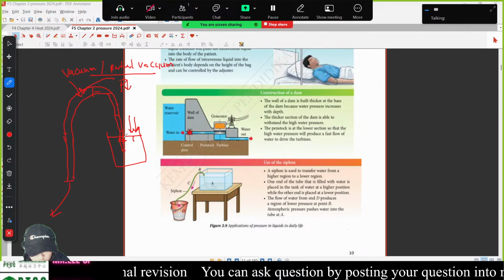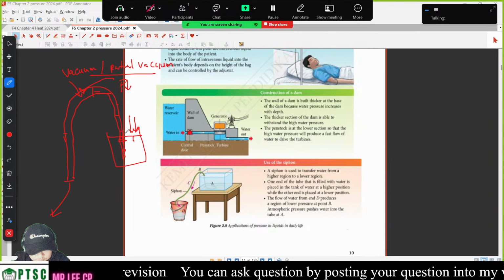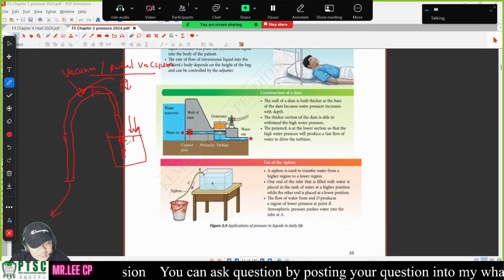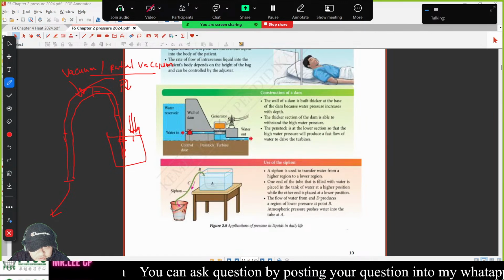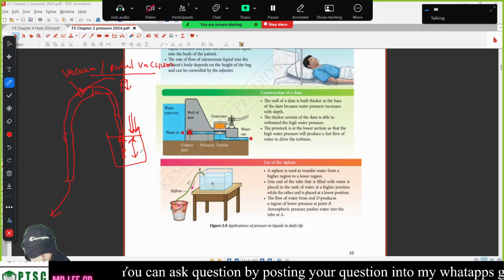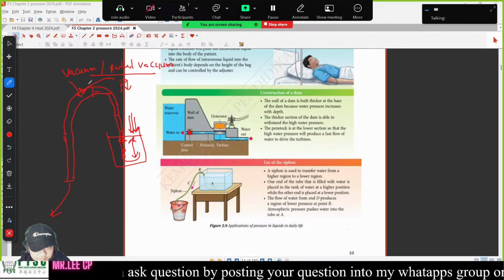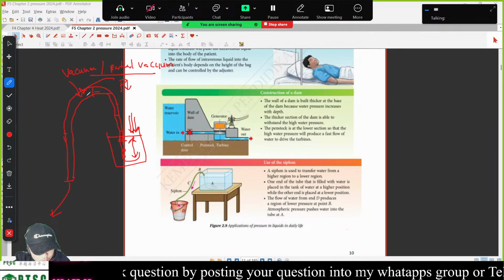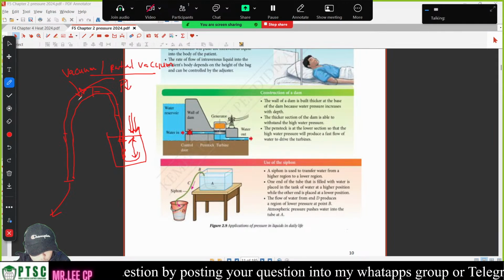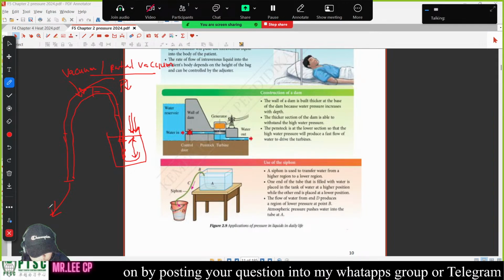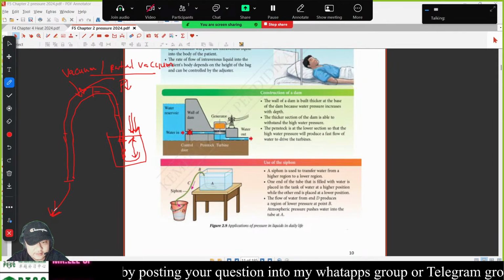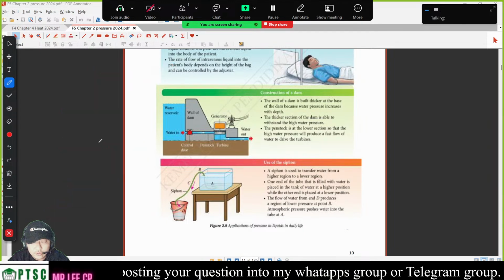If you press lower into it, the lower it is, the higher the pressure, because it is atmospheric plus liquid pressure. So the water will flow in because the inside pressure is low, and then continue to flow out at the end here. Make sure you know how it functions.